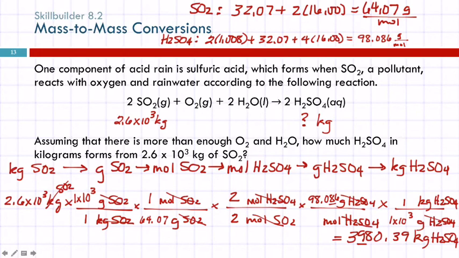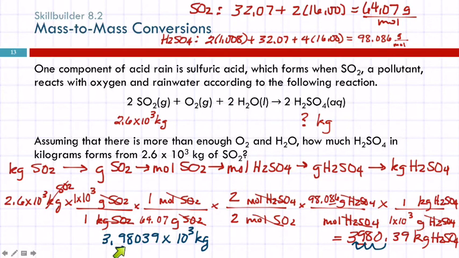So let's put this in scientific notation and then round it. 1, 2, 3. I'm moving the decimal point 3 places. So this is going to be 3.98039 and all that other junk times 10 to the third kilograms. And I want to keep 2 significant figures.